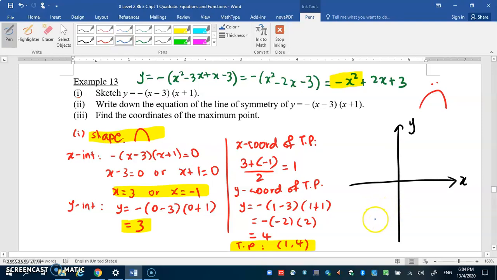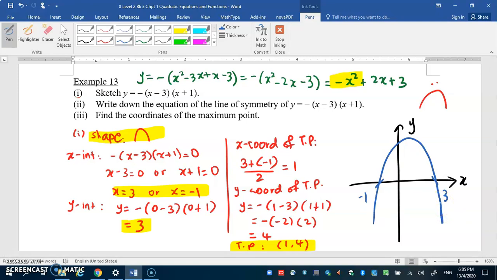So let's try to sketch. Alright, something like that. So this coordinate over here is -1. This is 3. These are the two x-intercepts. Okay. I'm sorry, this should not be so rough over here. It should be smooth. Okay.